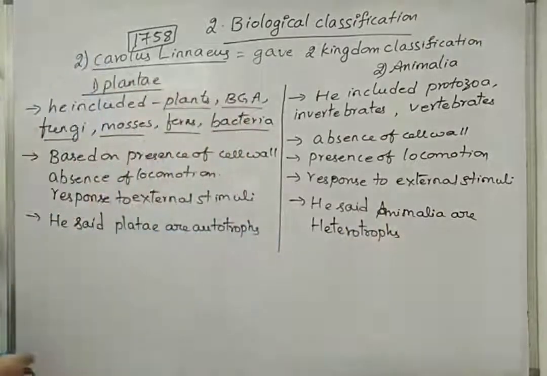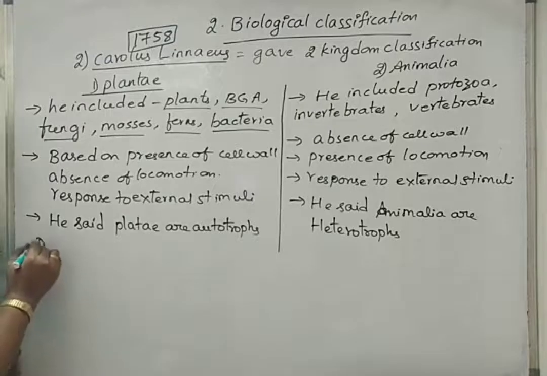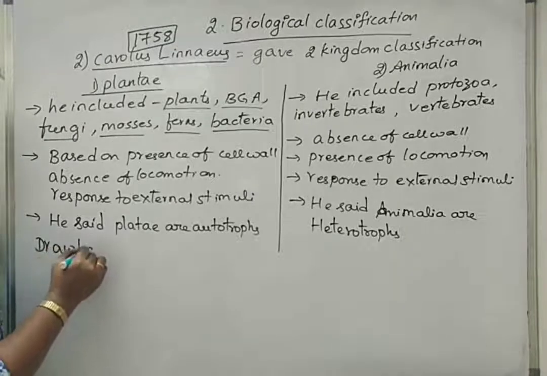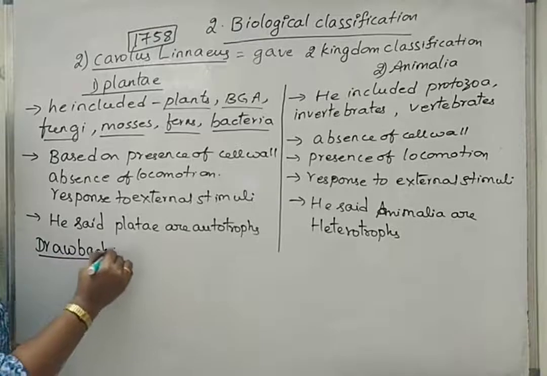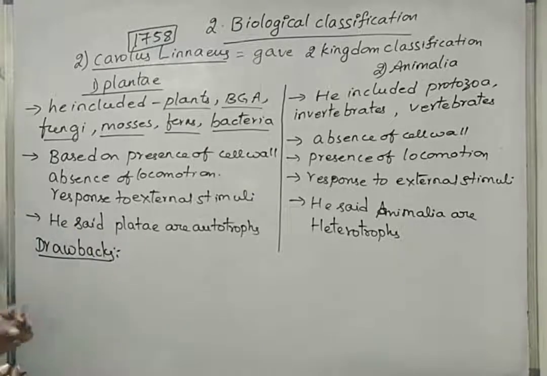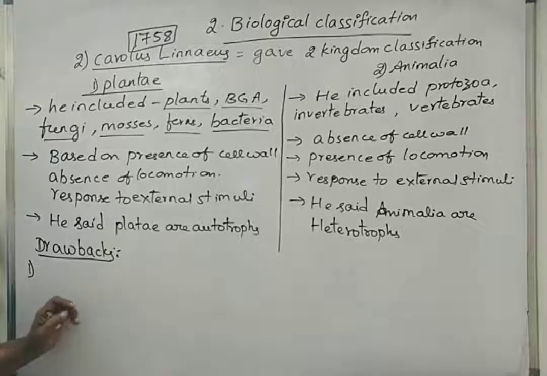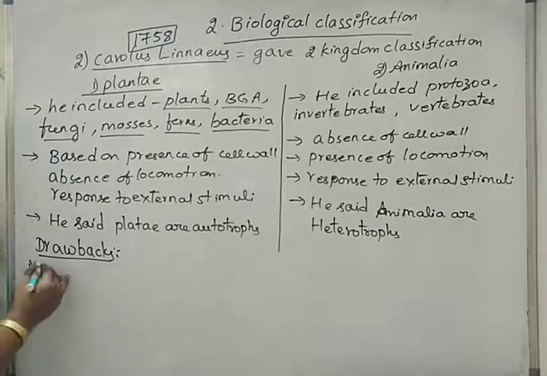But there are some questions that he couldn't answer. Those are considered under drawbacks. Mostly you can expect MCQs from these drawbacks. We know one smallest lower organism, that is Euglena, which is considered a connecting link between Plantae and Animalia. When the question was asked about that, he couldn't give any answer.